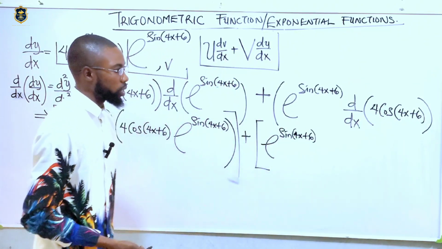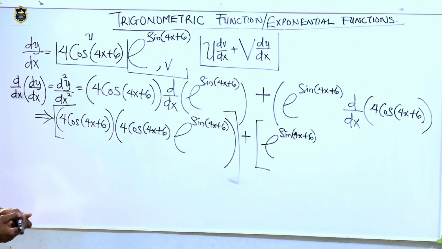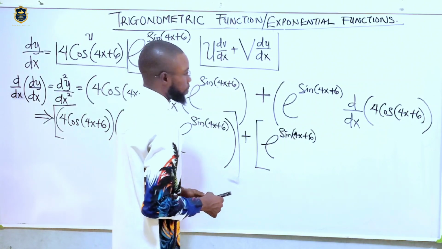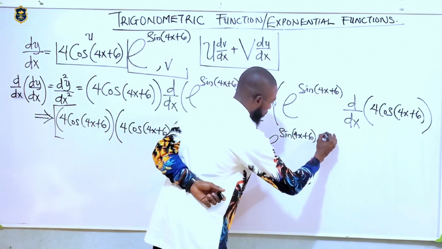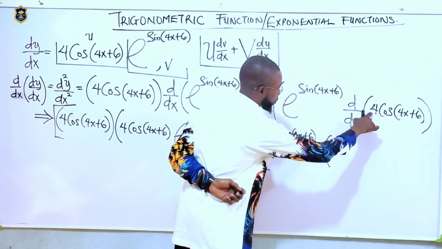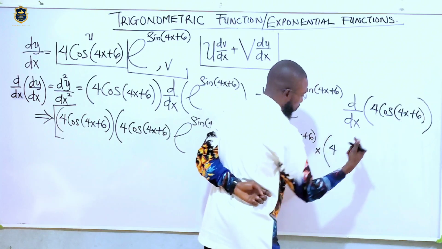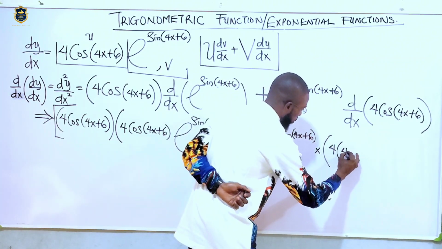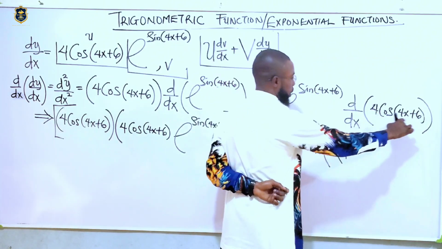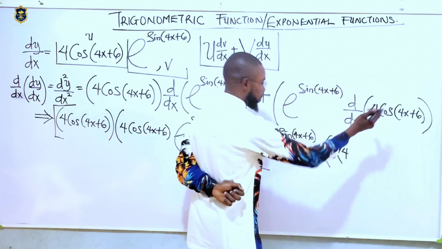If you want to differentiate 4 cos 4x, it's very easy now. We're going to have minus, because this 4 is going to remain. First of all, differentiate this one, we're going to have 4, and differentiate everything here. We're going to have sine of it.